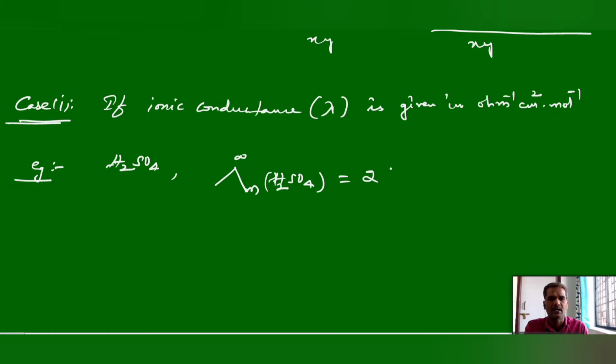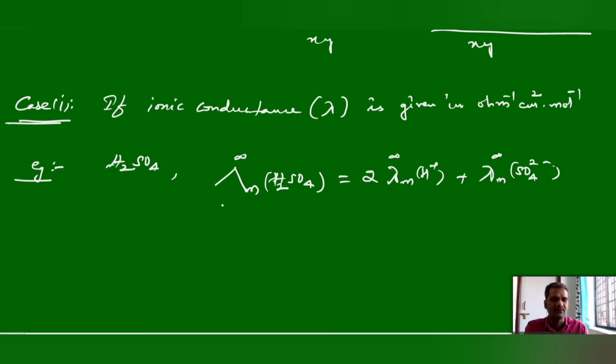Here two hydrogen ions are there. So it is two times the molar ionic conductance of H plus at infinite dilution plus the molar ionic conductance of sulfate 2 minus at infinite dilution. And this is the formula for molar conductance.